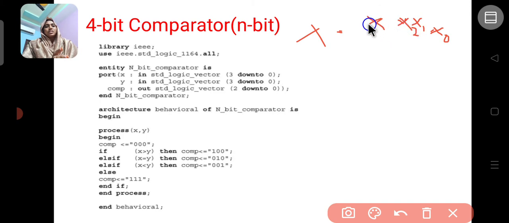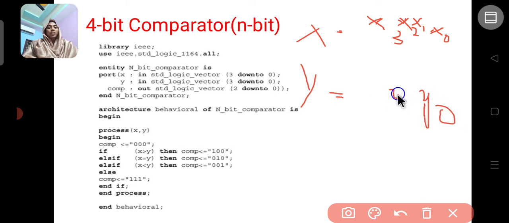In each number we have 4 bits. Coming to the next input Y, we also have 4 bits: Y0, Y1, Y2 and Y3. So we will compare the two numbers X and Y.